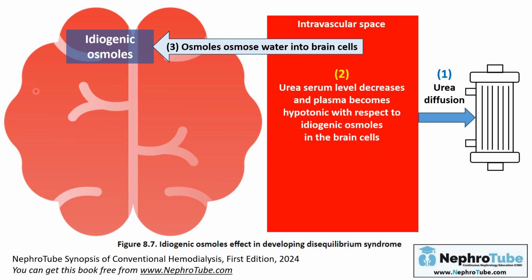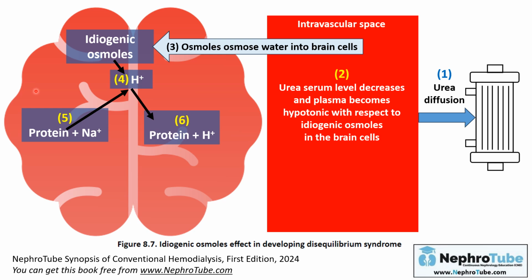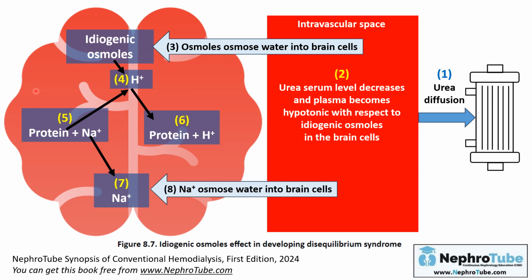At the same time, these osmoles are acidic. They will produce free hydrogen, and again this free hydrogen will be buffered by protein, which will leave sodium in a free state, which will cause osmosis of water into the brain.